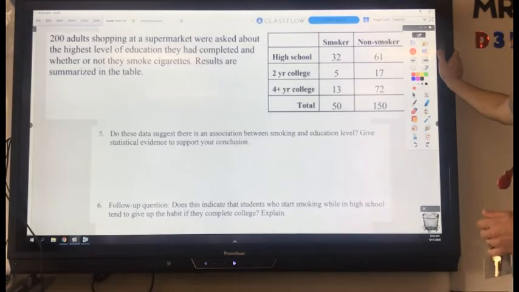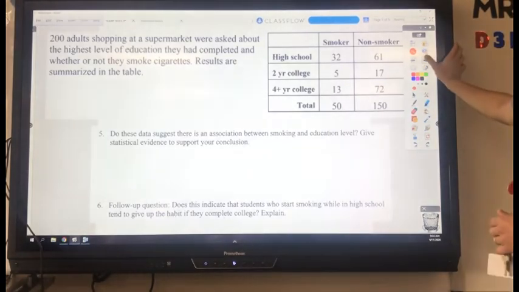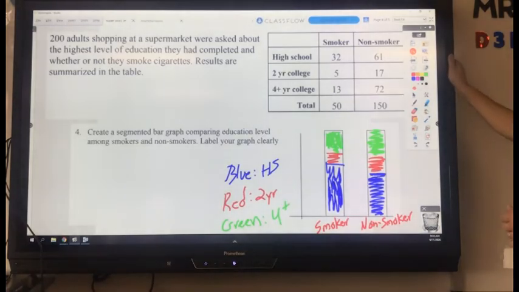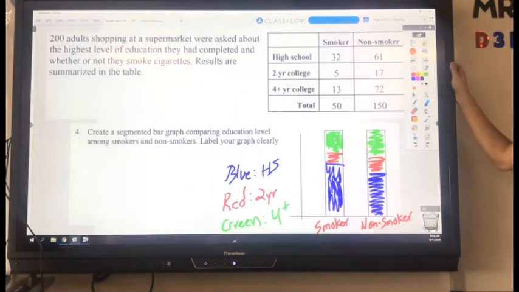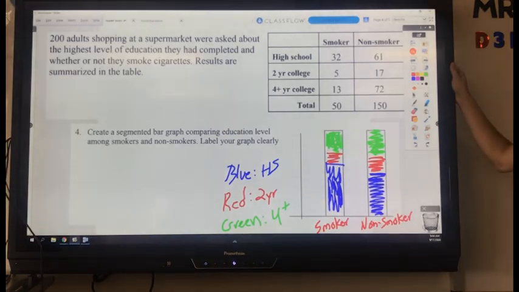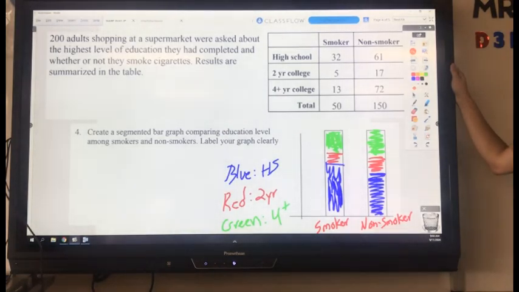Follow-up question. Does this indicate that students who start smoking while in high school tend to give up the habit if they complete college? So if a student starts smoking in high school, does this data say that they're more likely to quit in college? Y'all saying yes? Is there another way you can think about this?